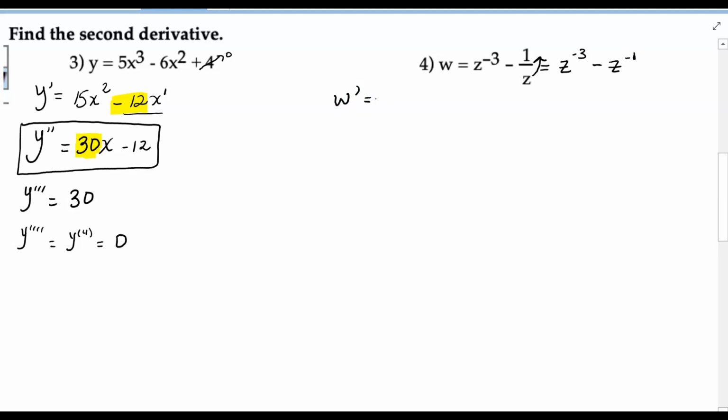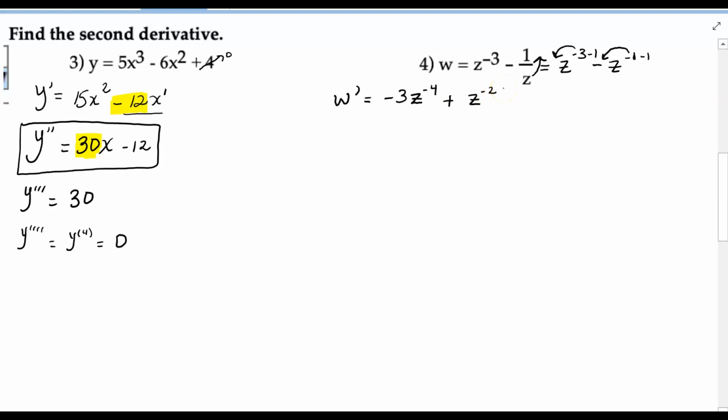Now let's find w prime. We're going to bring down that negative 3 in the front, negative 3z, and then we're going to subtract 1. Minus 3 minus 1 is negative 4. And then we bring down that negative 1 in front, we multiply, it's going to become positive z, and then negative 1 minus 1, negative 2.